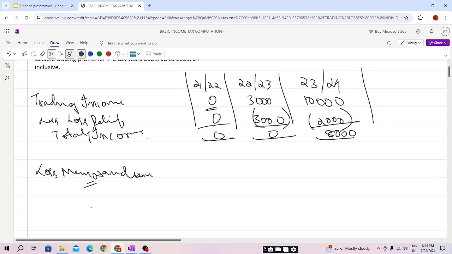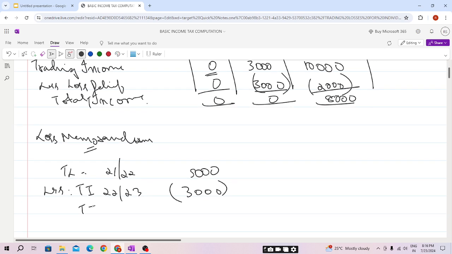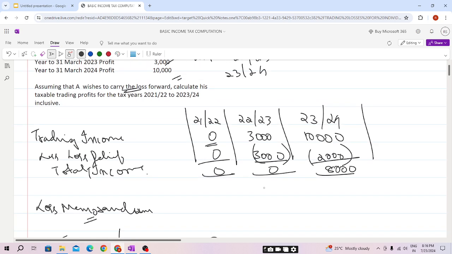Now we need to prepare the loss memorandum, that is the trading loss for the year 21-22 of 5,000. It is set off against the trading income of 22-23, 3,000, and the trading income of 23-24, 2,000. The loss memorandum will give the picture of how the loss has been claimed, in which year and in which order.